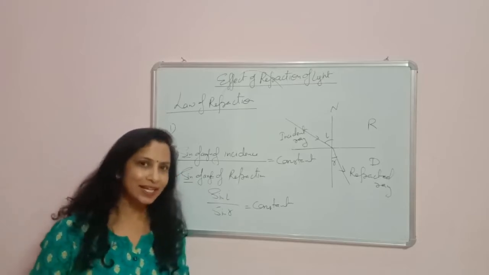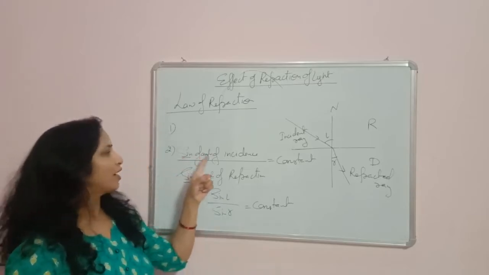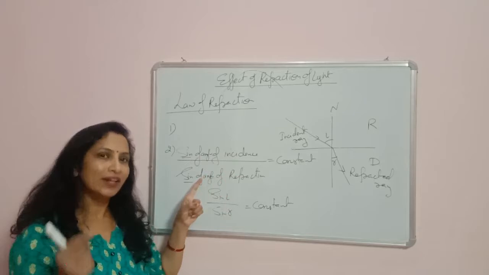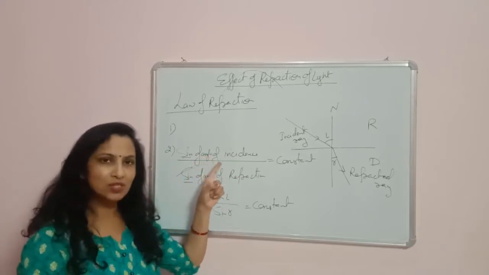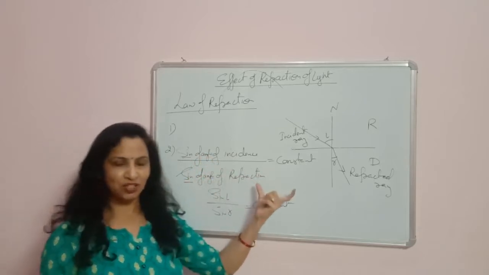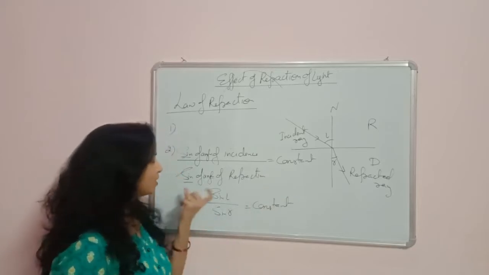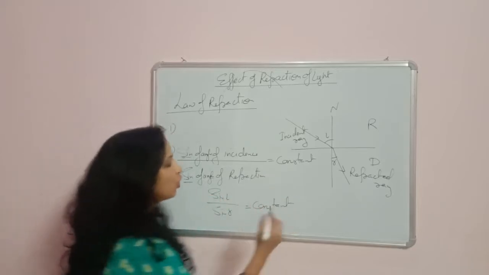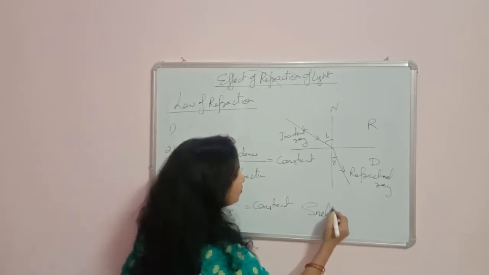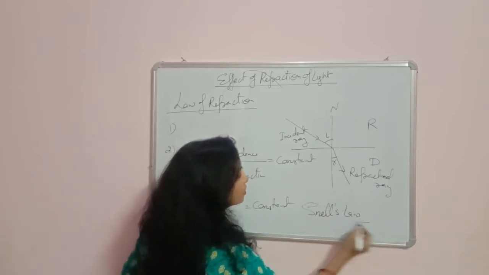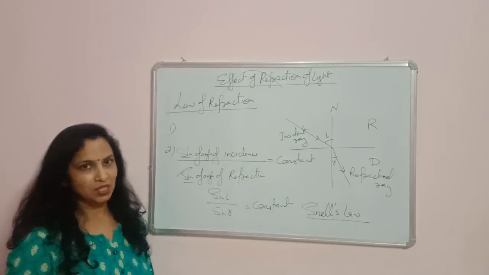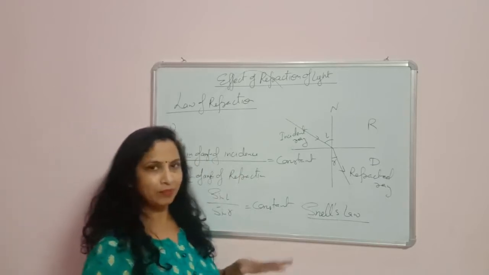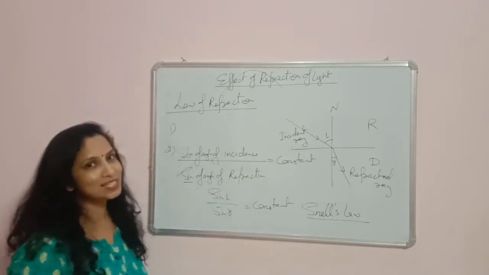Again, the second law: the ratio of the sine of angle of incidence to the sine of angle of refraction is a constant. We can say that sine i upon sine r is equal to a constant. This is also called Snell's law. Snell is the name of the scientist, so on his name this law is Snell's law.